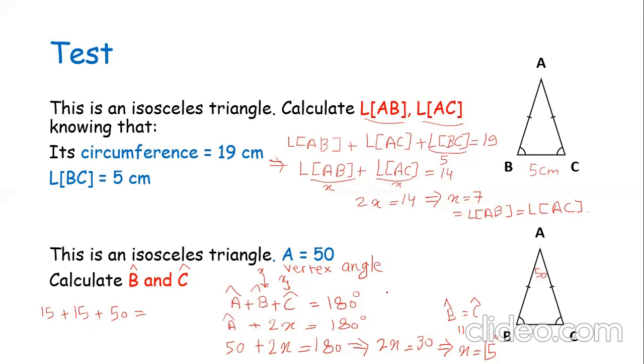It means that I have made a mistake in this equation. I forgot to put 1 here. So 130 divided by 2 gives me 65. Now 65 plus 65 plus 50 is 180 degrees. So my work is correct.